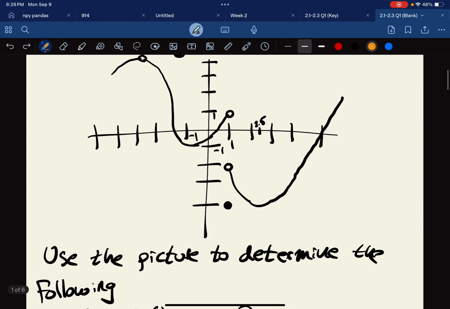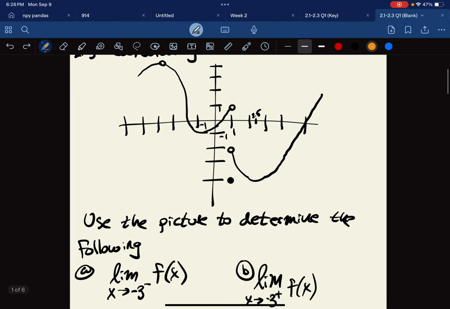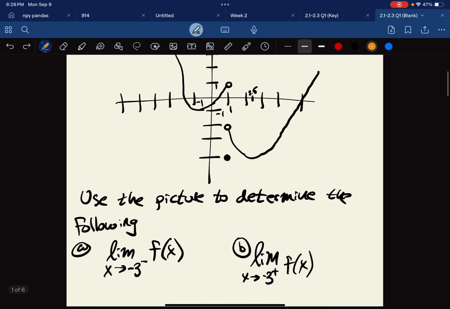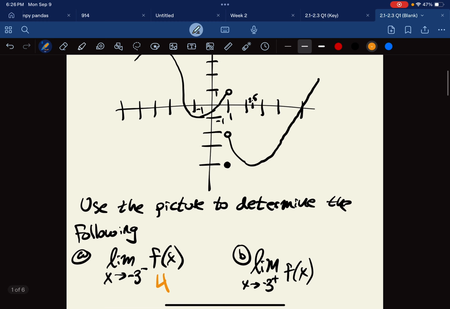So we go to our graph at -3, and we follow it from the left to that point. And it's essentially asking, where is the graph going there? And it is approaching the y value of 4. So we would say the limit as x approaches -3 from the left is 4.